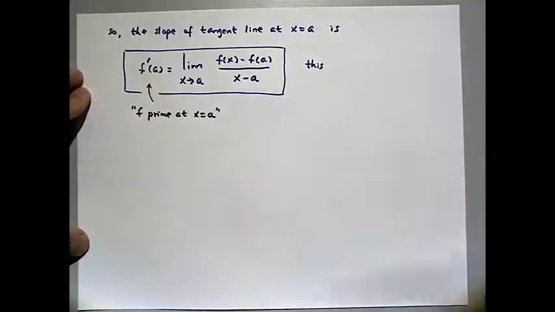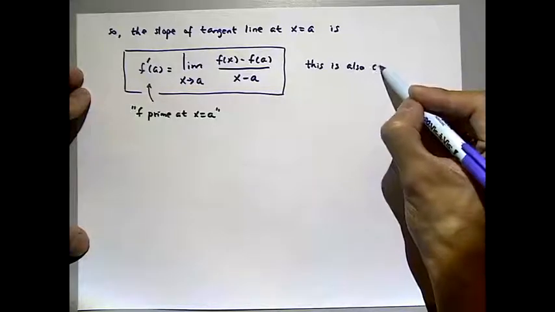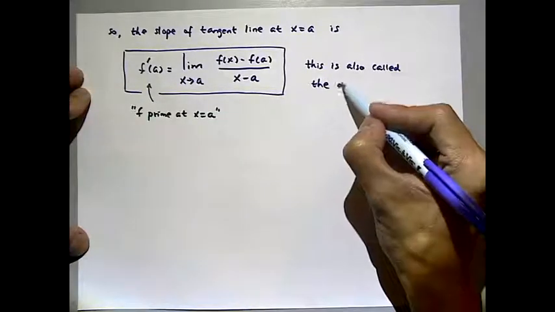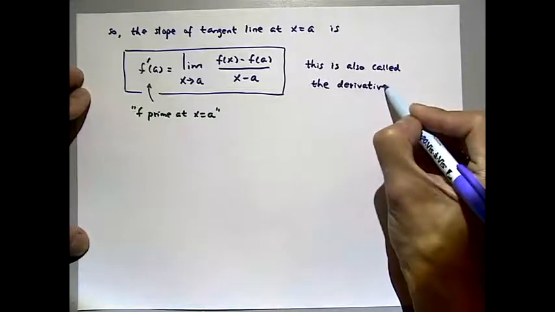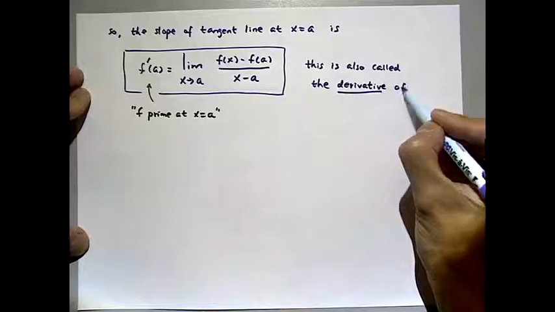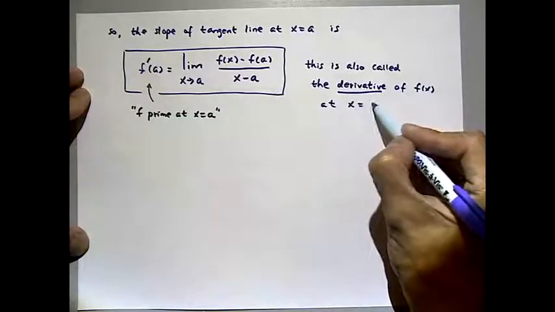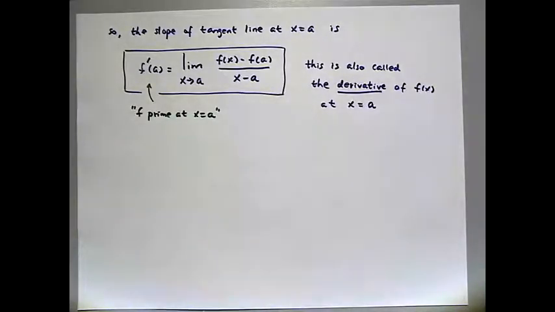We also give it another name. We also call this the derivative of f of x at x is equal to a. Okay?